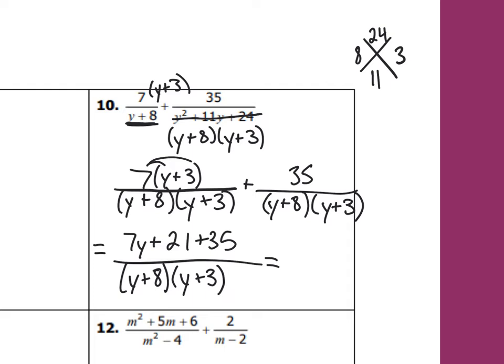On top, what is 21 and 35 combined to? 56. Okay, so we now have 7y plus 56 over our common denominator.